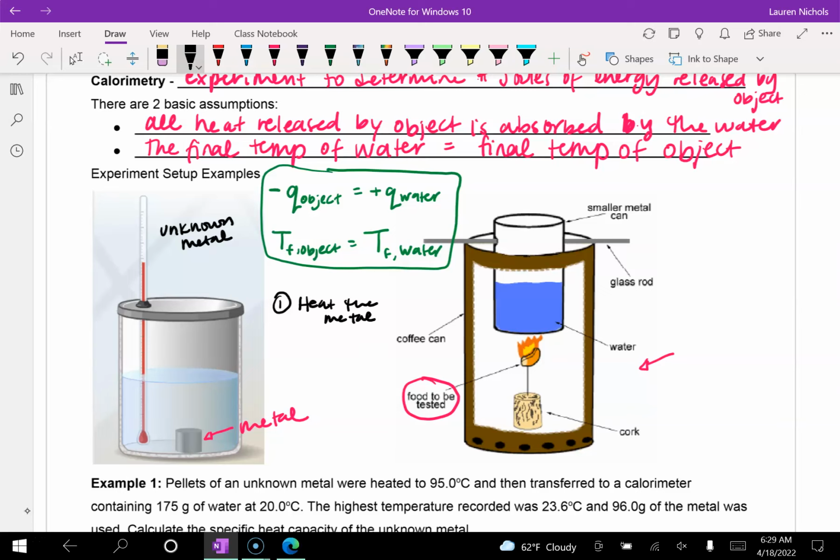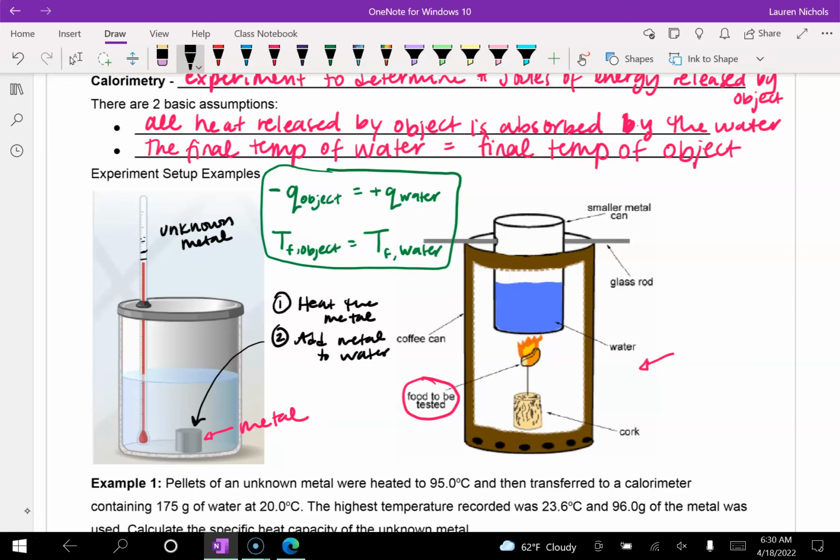You heat it up, and then you add the metal to the water. Okay, and when you do this, you already know the mass of the water, you know the metal, and when you add the hot metal into the water, the thermometer is going to rise. And then whatever that final temperature is, it will be what you have.